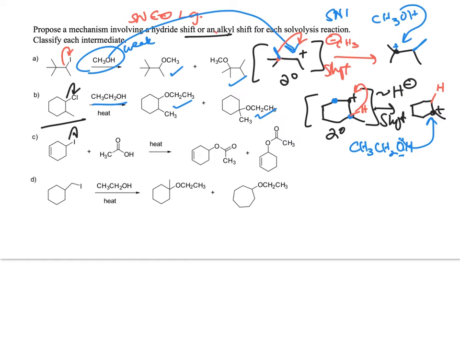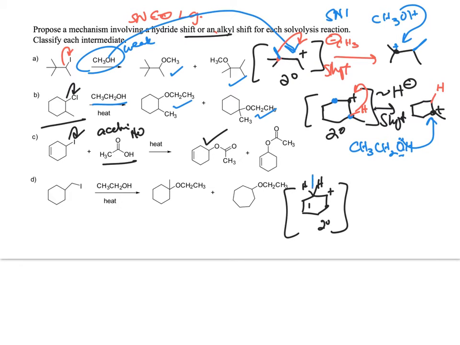Okay, so iodide leaves on C, so let's look at that. We have this here. If our weak acetic acid nucleophile comes in, we get the first product. This is a secondary carbocation, but look at this.